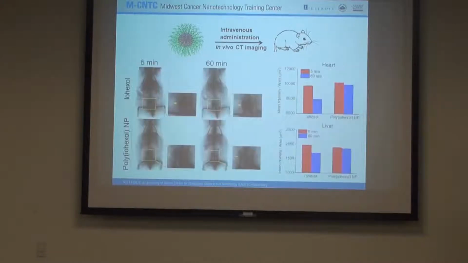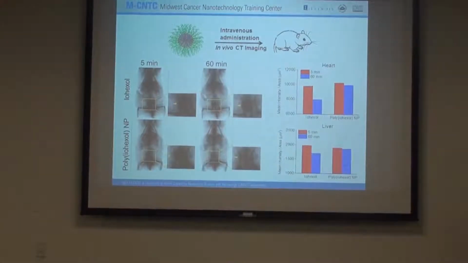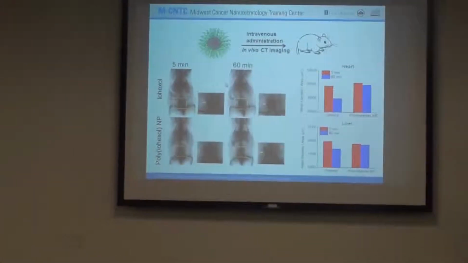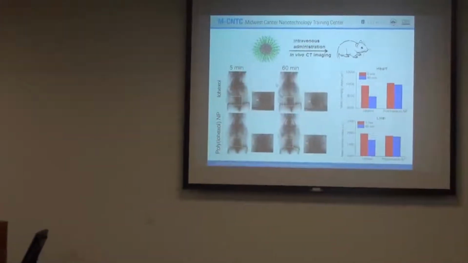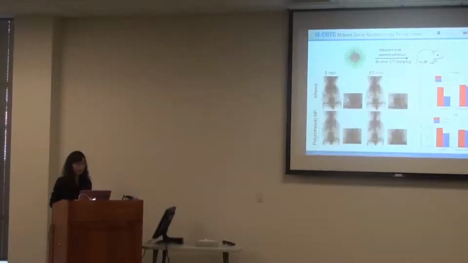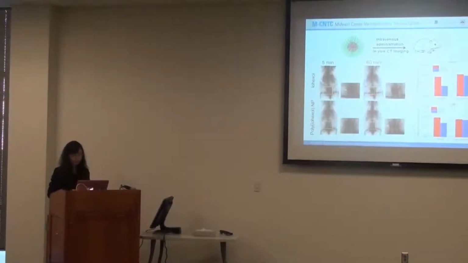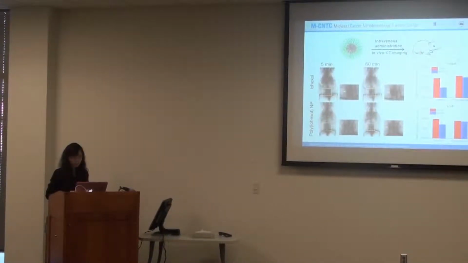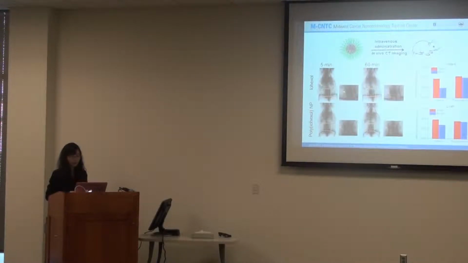So here, I just take snapshots at two different time points to compare. One is at 5 minutes after injection, and another is at 1 hour after injection. By using ImageJ, I can quantify the enhanced density in a variety of organs. Here, I just show the enhancement in the heart and the liver.